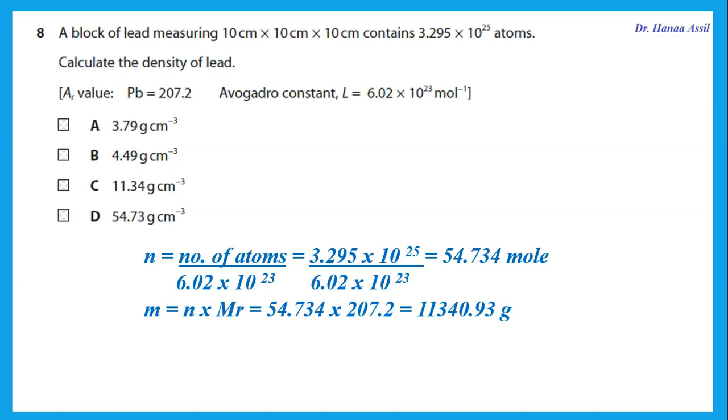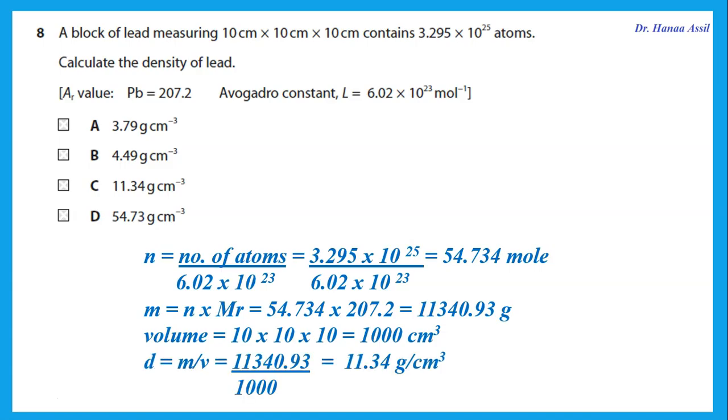The mass is number of moles times the MR, and that gives me the mass in grams. Now I can get the volume from the length times width times height that we're given, and you should know that density is mass over volume, and that gives me this answer. Notice the units are gram per centimeter cubed, so keep the volume in centimeter cubed.